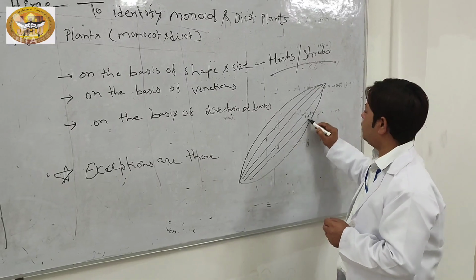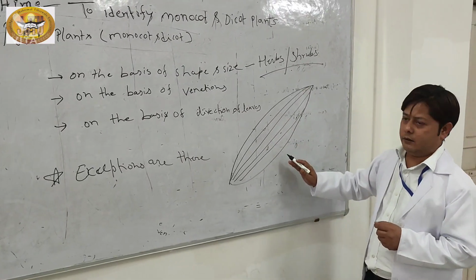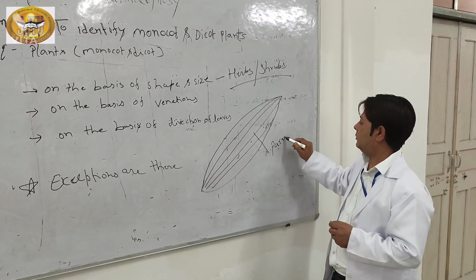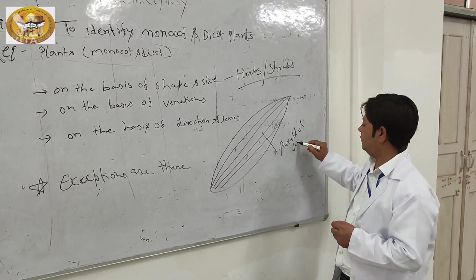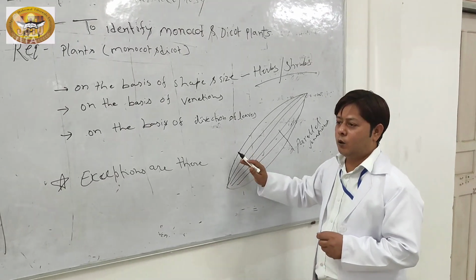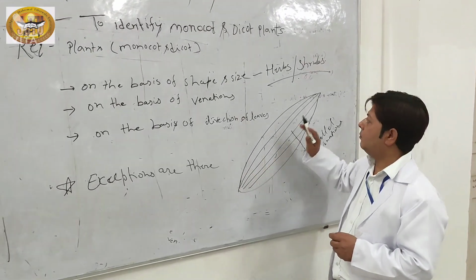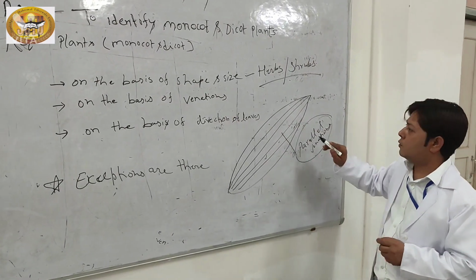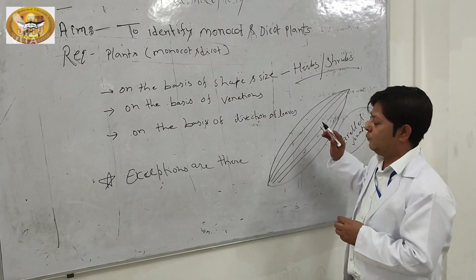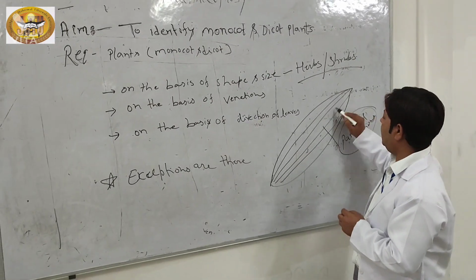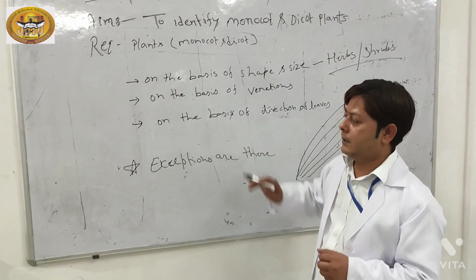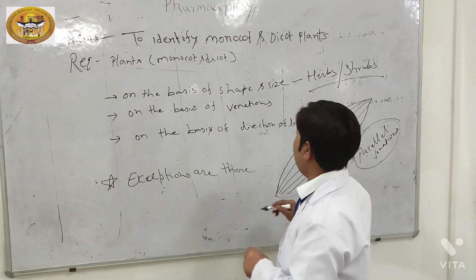If the venations are parallel to each other, then it is known as parallel venation. Mostly all monocot plants have parallel venation. So if any plant has leaves with parallel venation, then it will definitely fall under monocot plants. Now talking about dicot plants.